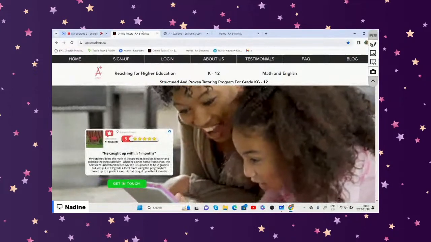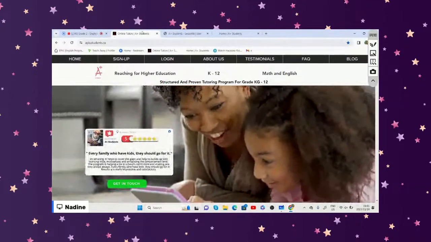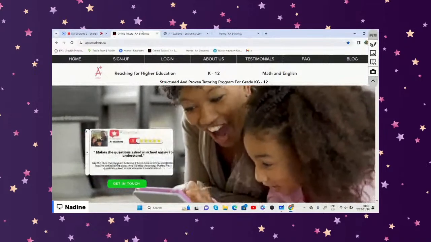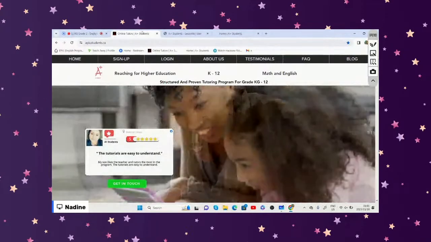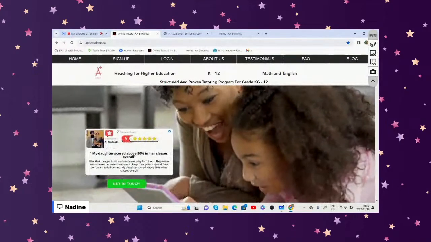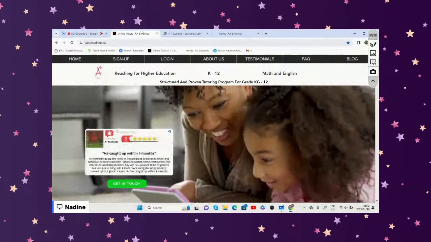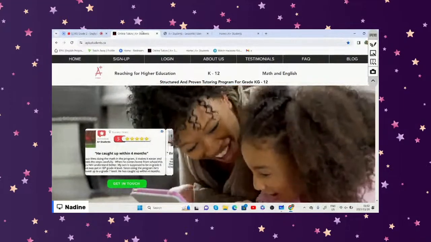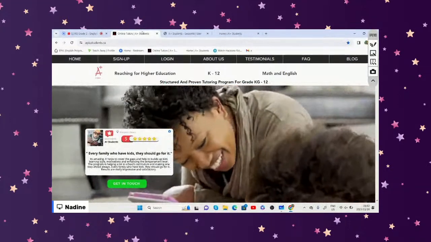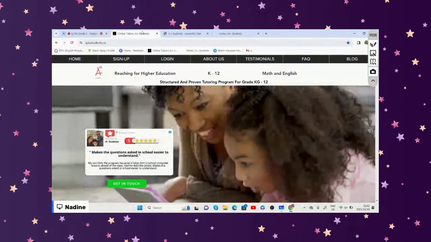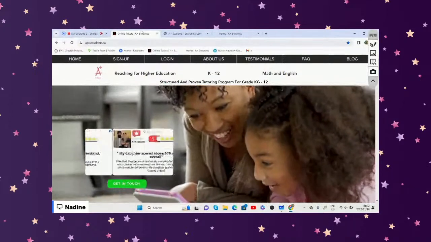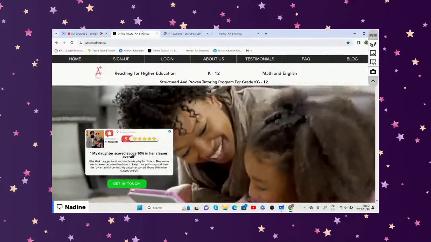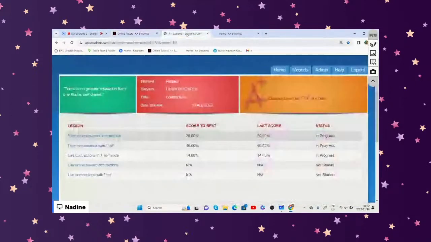Once we've logged in, we're going to select the subject of language arts, and then we're going to choose grade 2. Once we've selected language arts, grade 2, we're going to scroll down until we get to the chapter of contractions.